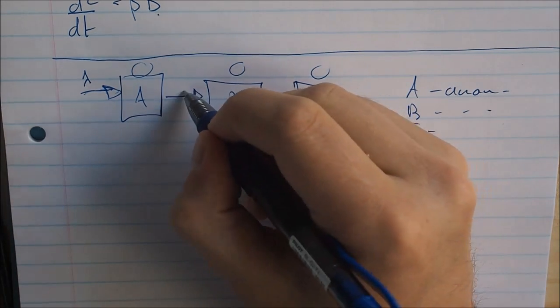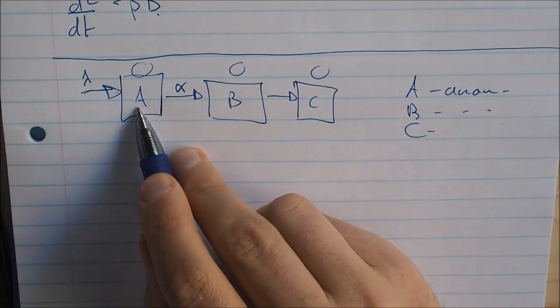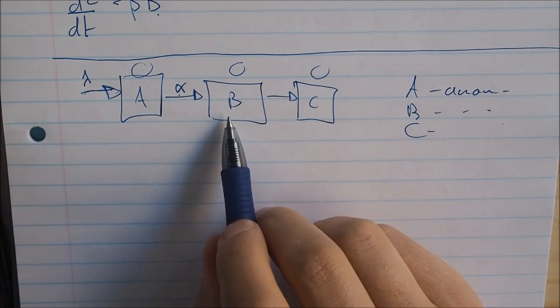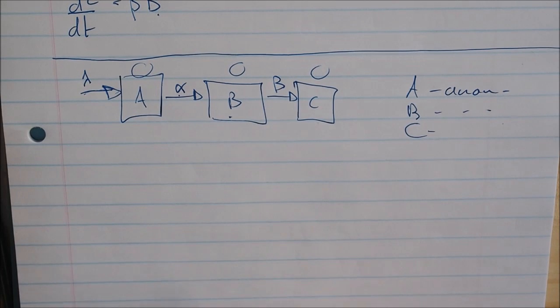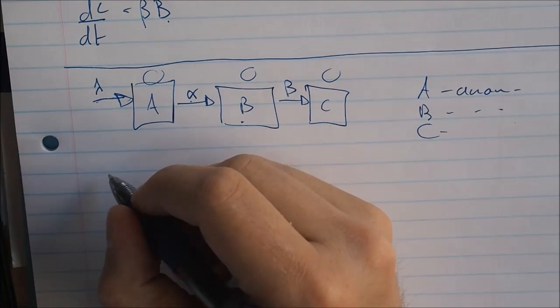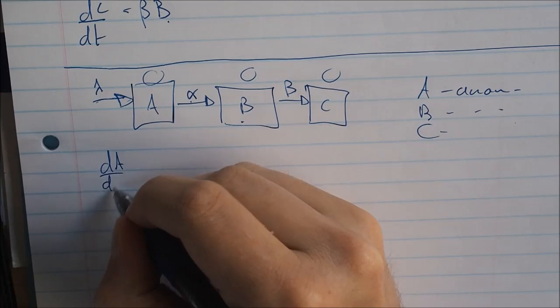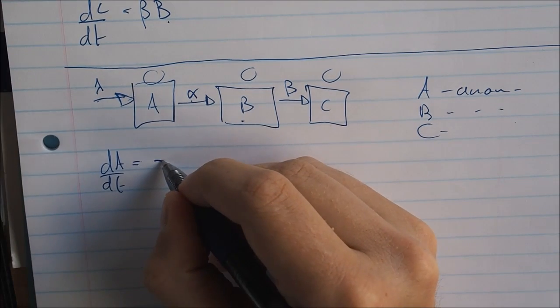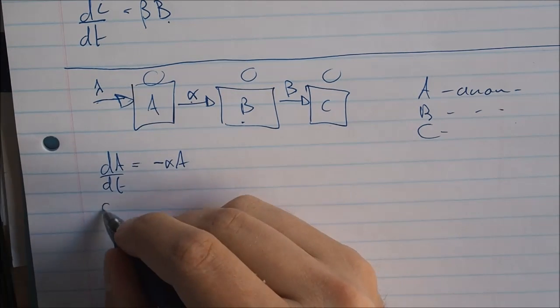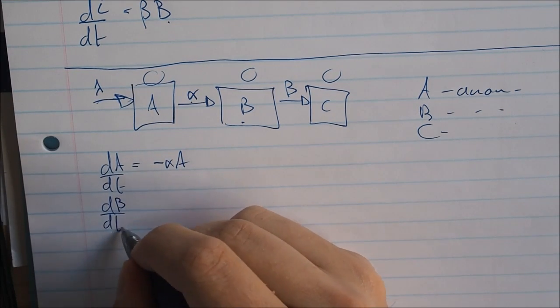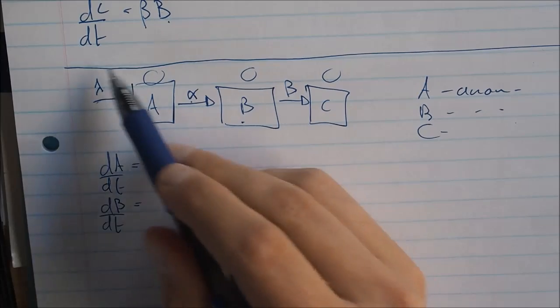I'm going to call this rate here alpha. So the rate at which A decays is a rate alpha, and the rate at which B decays is a rate beta, and there's no other arrow. Okay. So to write this down, we have that dA by dt is equal to minus alpha A. So it decays at a rate that's proportional to how much of A there is. dB by dt is, and I'll come back to this lambda now.